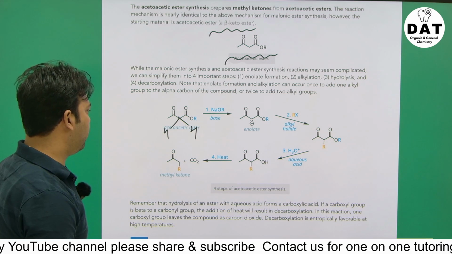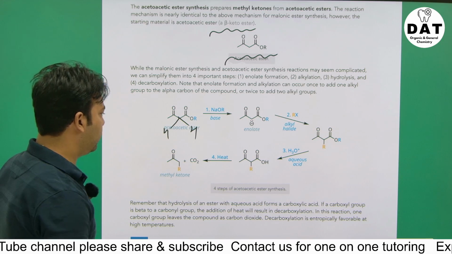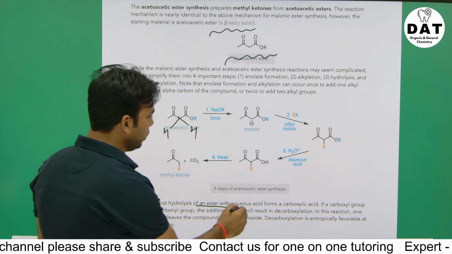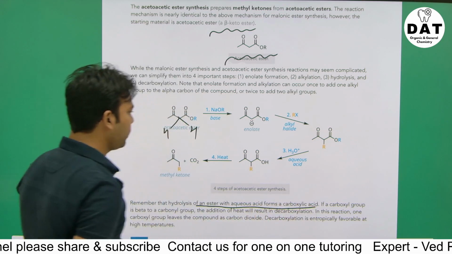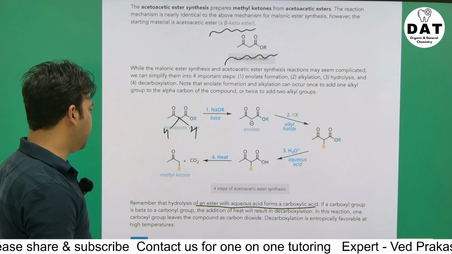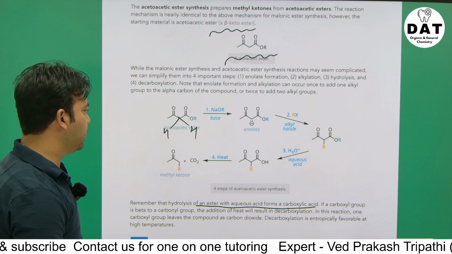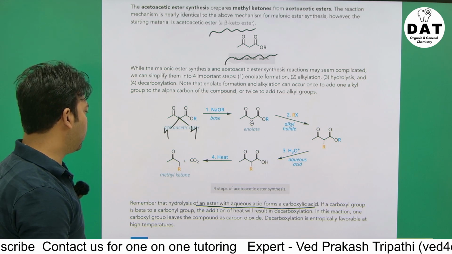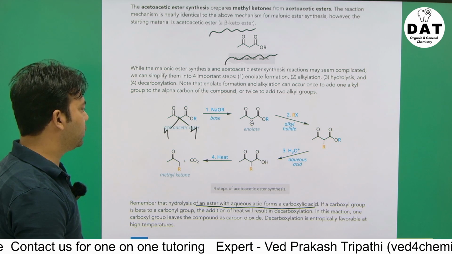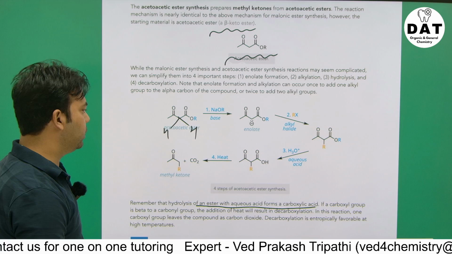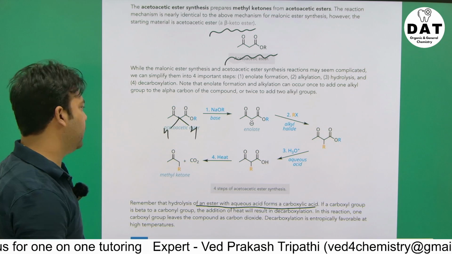Remember that ester hydrolysis produces carboxylic acid. If a carboxyl group is beta to the carbonyl group, then addition of heat will result in decarboxylation. In this reaction, one carboxylic group leaves the compound as CO2. Decarboxylation is entropically favorable at high temperature.